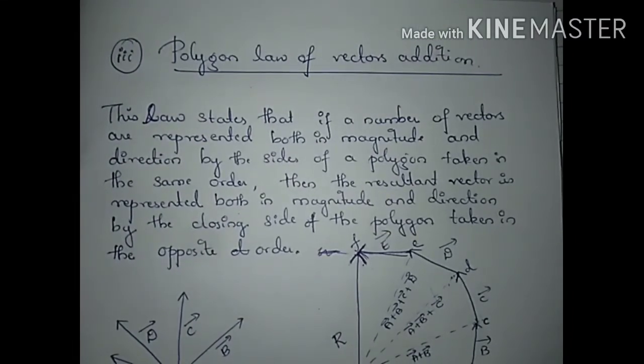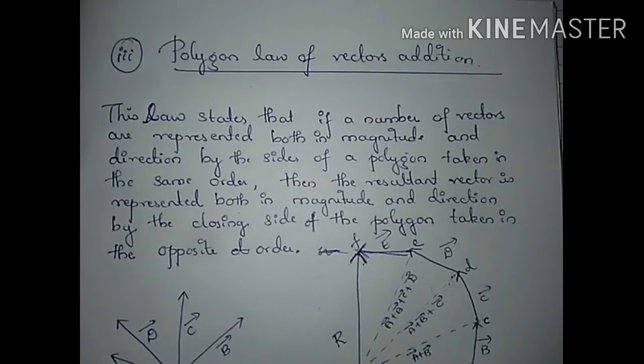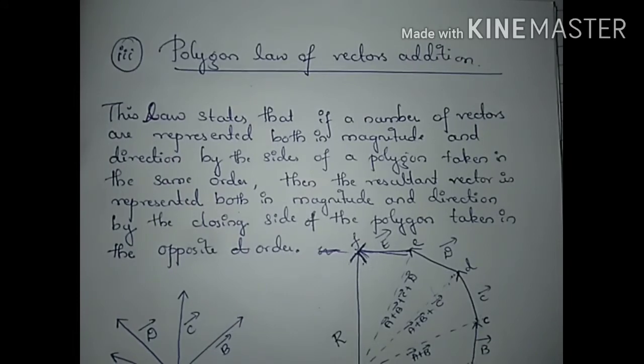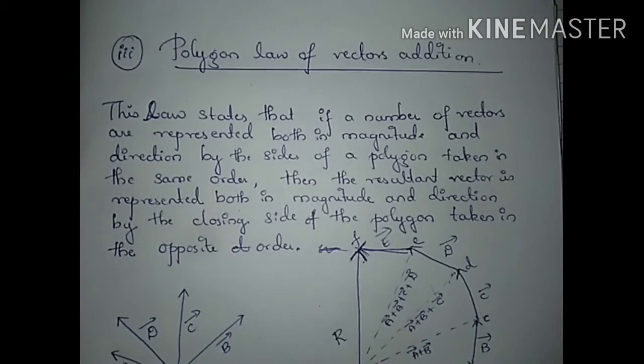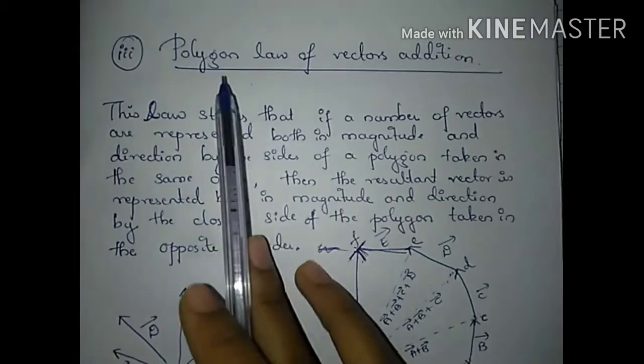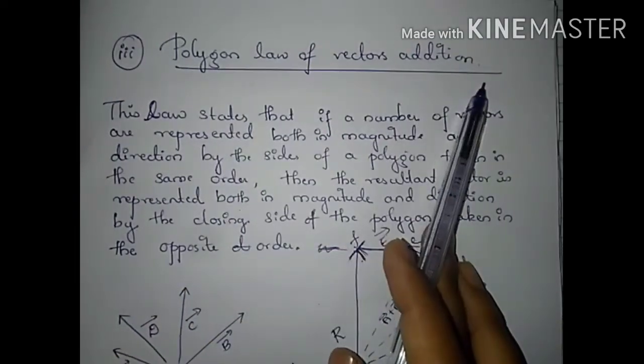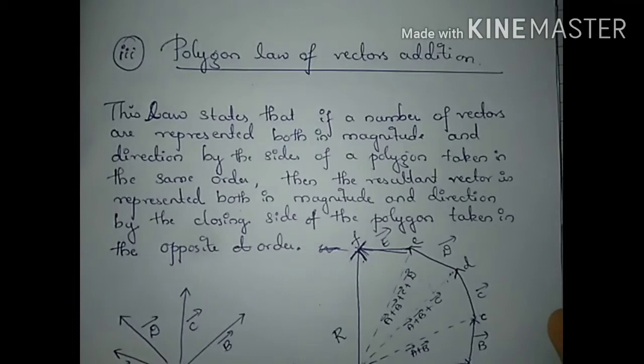This law is again an important law. So try to understand all the three laws of vectors addition. The first one was triangle law of vectors addition. Second one was parallelogram law of vectors addition. And the third here is polygon law of vectors addition. All three laws are important.